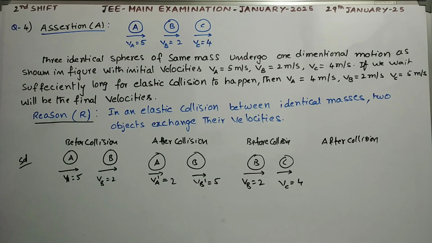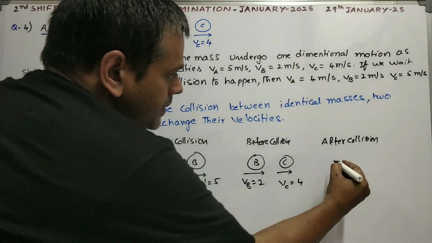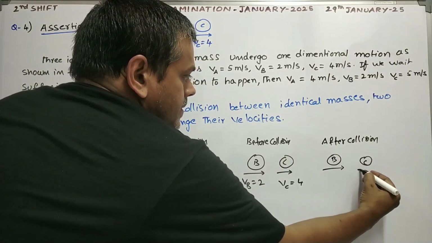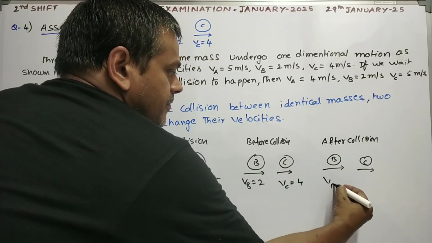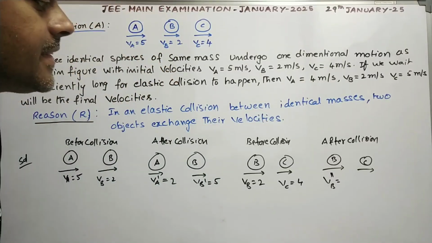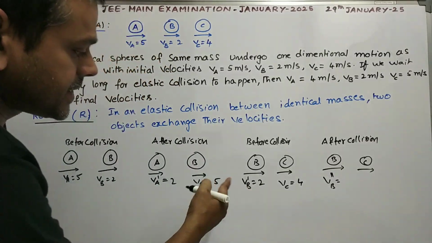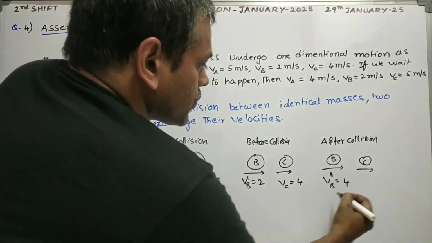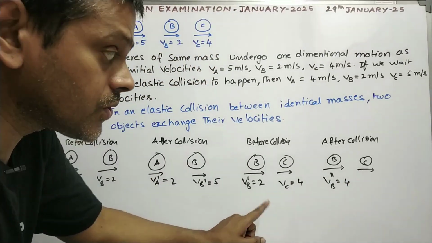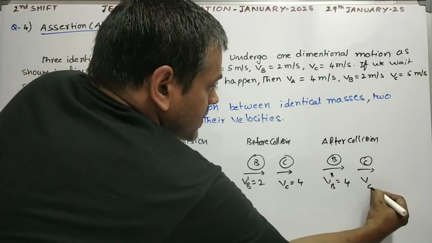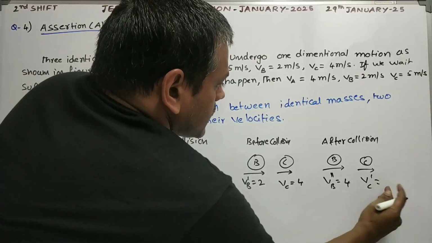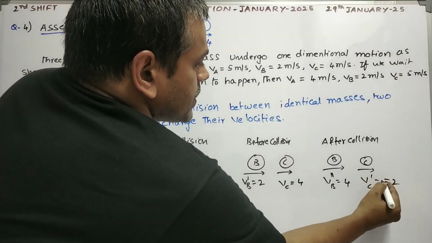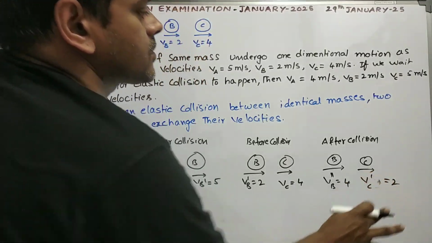This is B and this is C. After collision, VB double dash. Because this is the VB dash. VB dash is equal to 4 after exchange of velocities in one-dimensional collision. So similarly, VC dash is equal to 2.